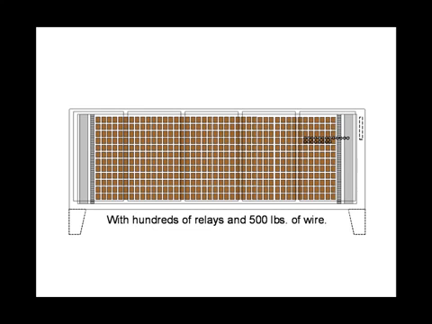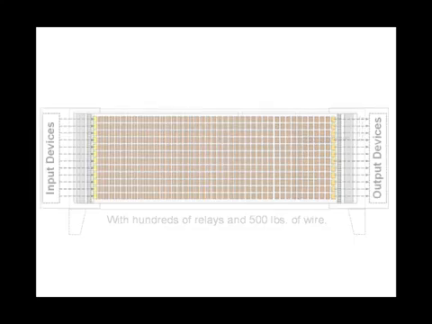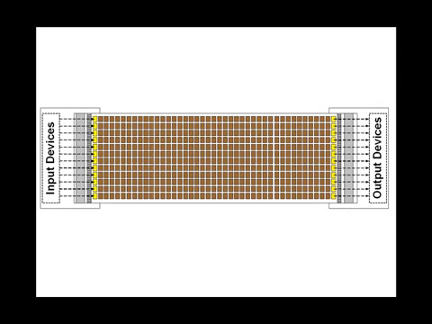And then we will connect all of our output devices, solenoids, motor starters, and contactors, to a vertical terminal strip on the right end of this control panel here. And the contacts from the vertical column of yellow relays are connected to those terminal strips. So in other words, the contacts from the yellow relays on the right are connected to the terminal strips to control, switch on and off the output devices.